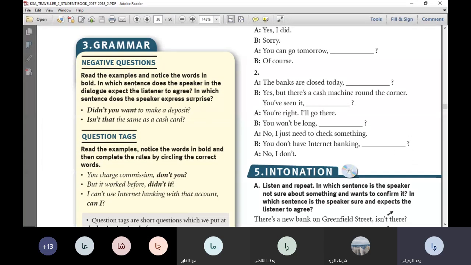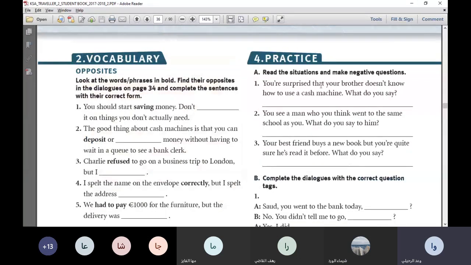The next one is negative questions. The grammar of negative questions is very easy. In a negative question, I start with the helping verb or auxiliary verb, and then I have to add not to this auxiliary verb. How is it going to be in the exam? Remember this practice.